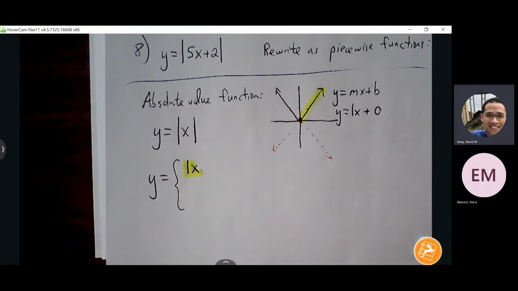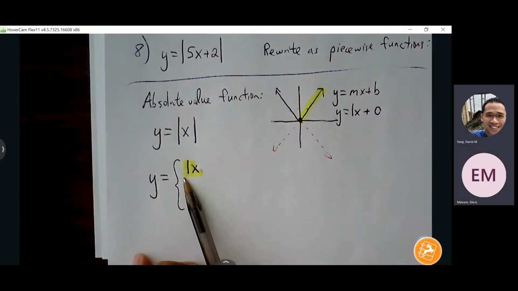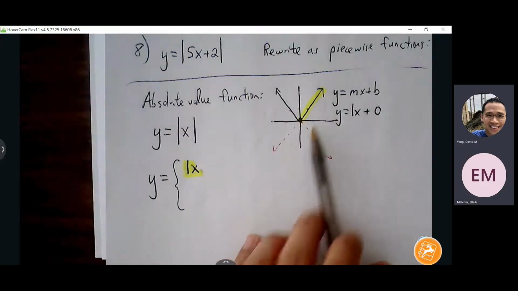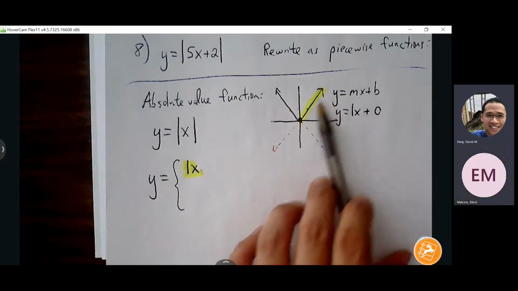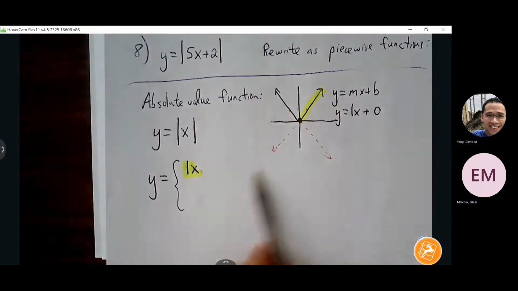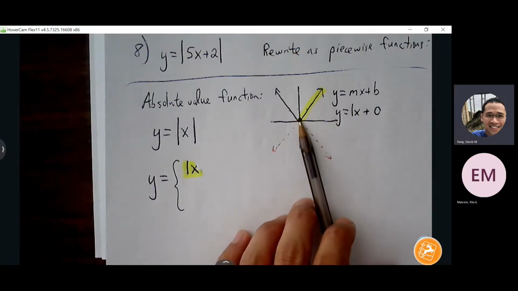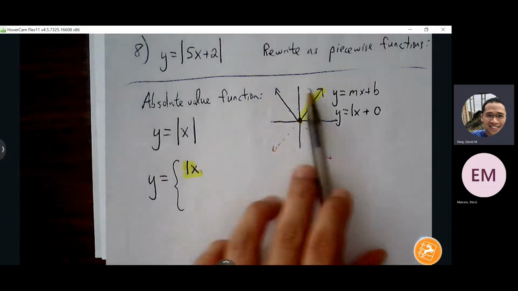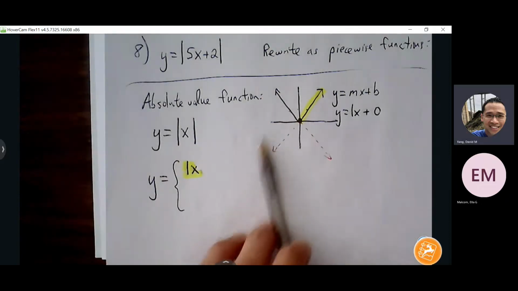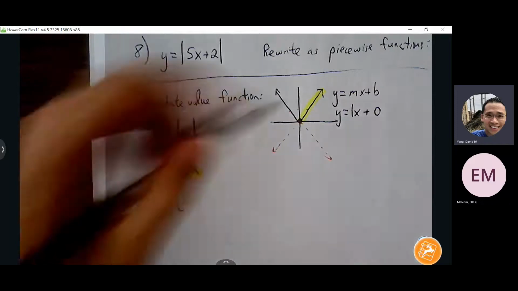Yes. Okay. But if I just say 1x, that's not completely accurate, because 1x would continue on in both directions. I'm purposely going to stop the graph at 0, because if I let it continue, it will create a sideways V, and that is not a function because it won't pass the vertical line test.